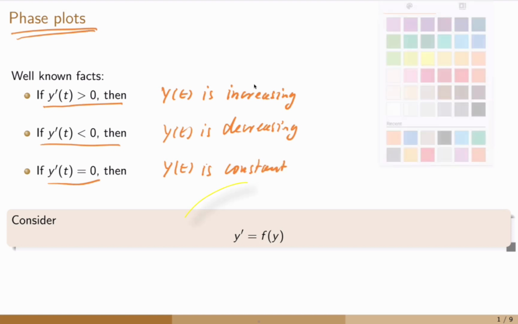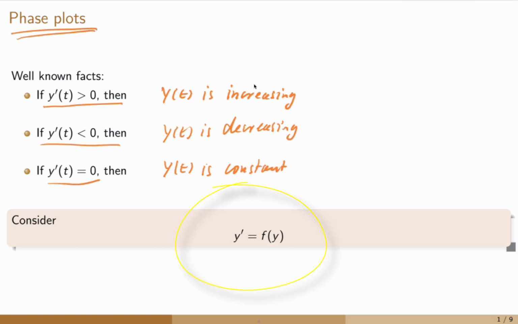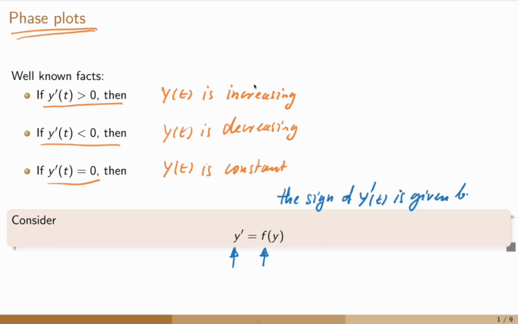Now let's look at the differential equation given here below, y prime equals f of y. You see that y prime is actually given by f. So whenever f is positive, this means y prime is positive, which means the function is increasing. This is so cool. The sign of y prime of t is given by f of y.